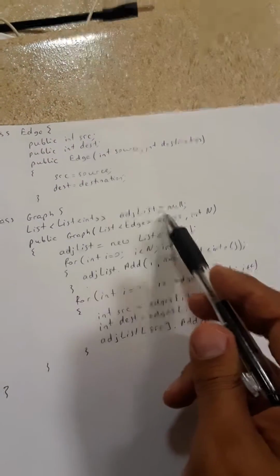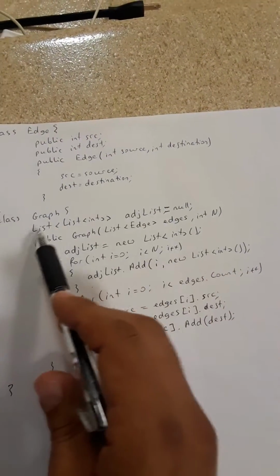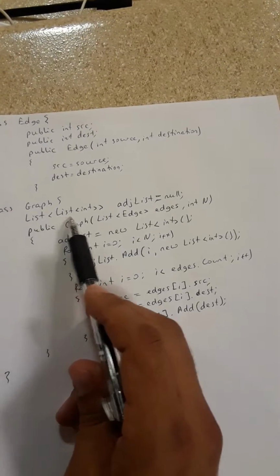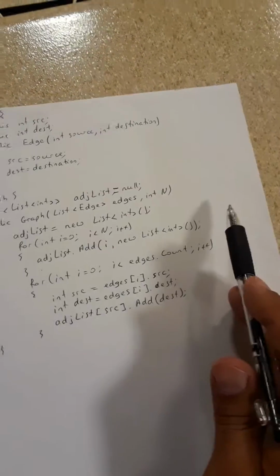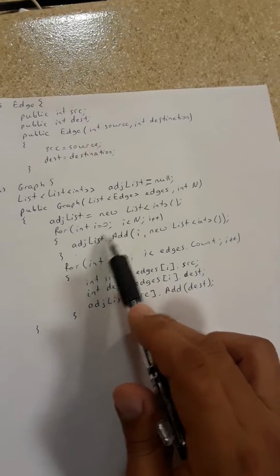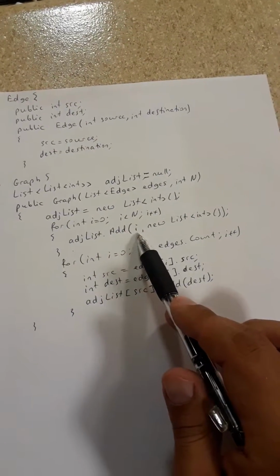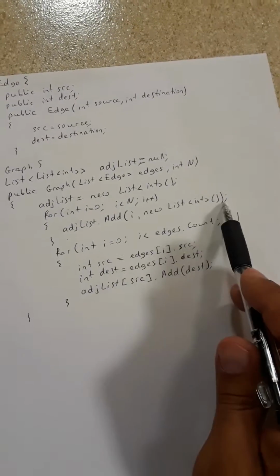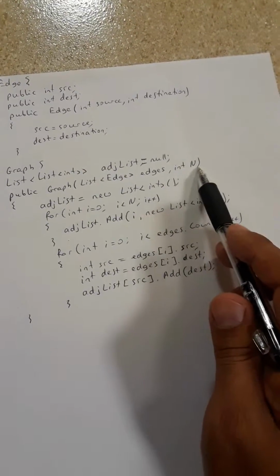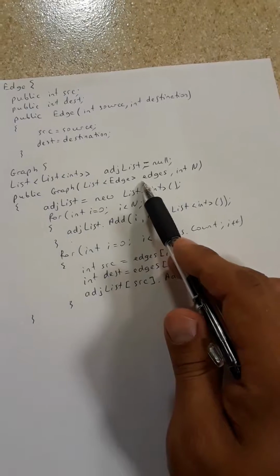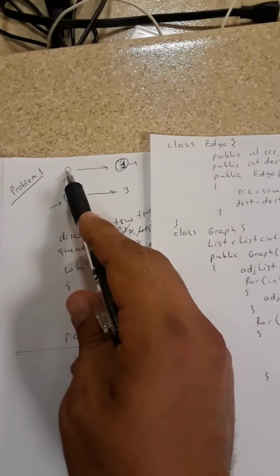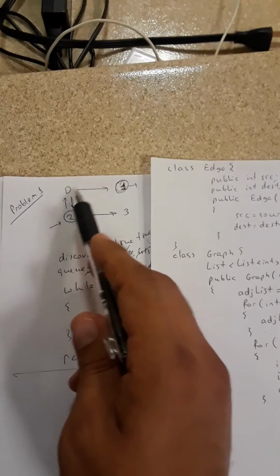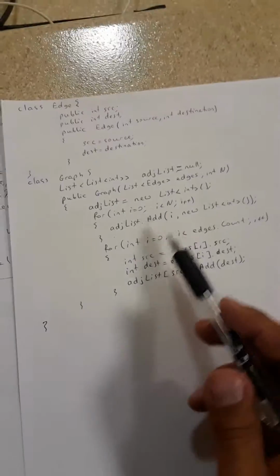At the beginning it's declaring an adjacency list, a list which consists of lists, and into that list first of all we're adding a new list according to the number of edges. In our case it's 4, so we have 1, 2, 3, 4 edges.